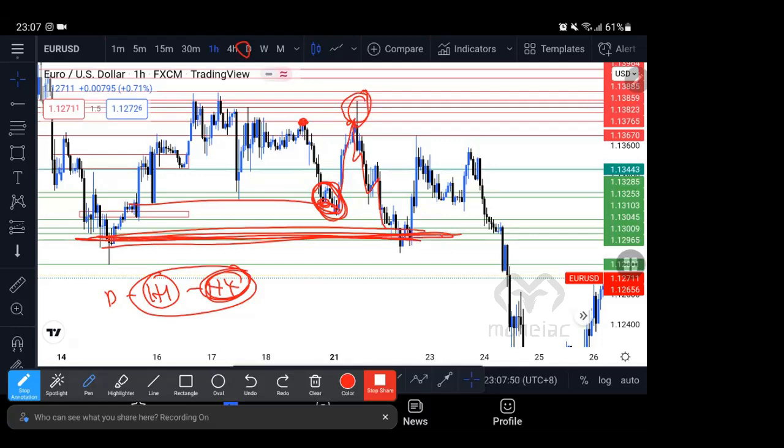I didn't manage to catch the buy over here, so I'm just waiting for it to break the H1 again, and then I'm taking my trade.